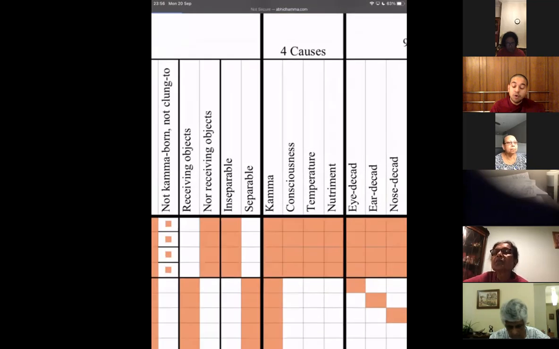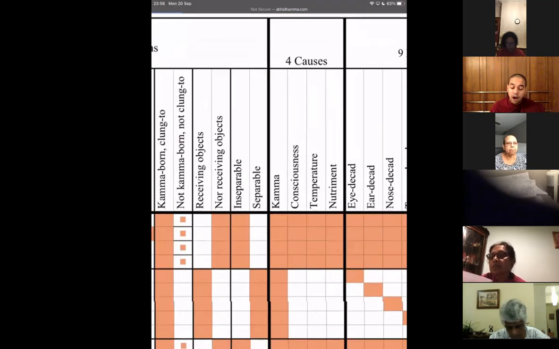Now we have the four causes: kamma, chitta, utu, ahara.